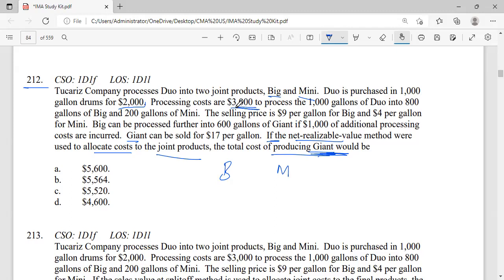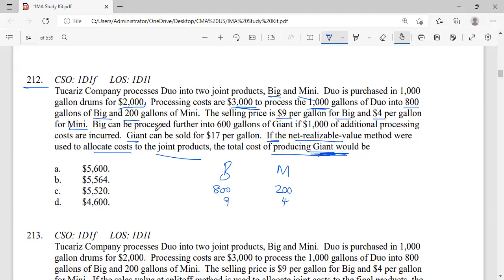This is again a cost to process 1,000 gallons of Duo into 800 gallons of big and 200 gallons of mini. So let me just write down here 800 gallons of big and 200 gallons of mini. The selling price is $9 per gallon for big, and $4 per gallon for mini.